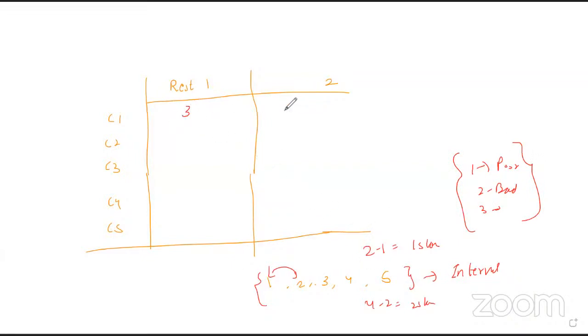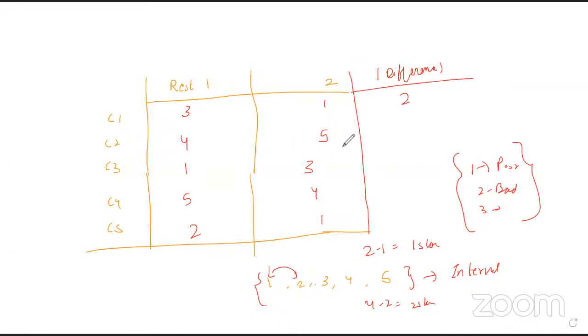Suppose we are getting 3 over here, 1 over here, 4 over here, 5 over here, 5, 2, 3, 4, 1. And then I am taking the absolute difference between their ratings. So the absolute difference would be 2, 1, 2, 0, 1. You see the range of this absolute difference is 0, 1, 2, 3, and 4.